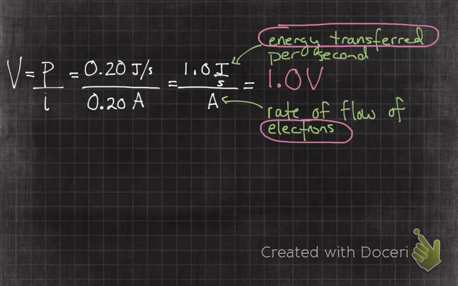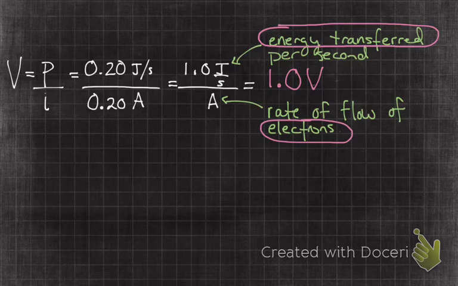Now, when you're looking at the slide, I want you to think about how we calculate voltage. It's the power over the current. I'm going to use an example using 0.20 joules per second and dividing that by 0.20 amperes. So as you can see, we get as an answer 1.0 joules per second per ampere, or 1 volt.